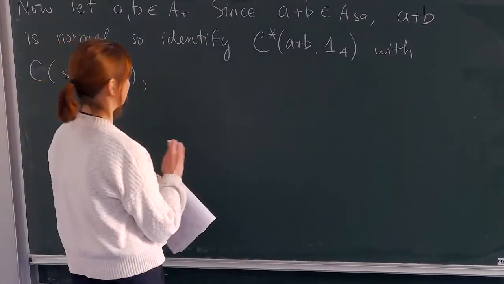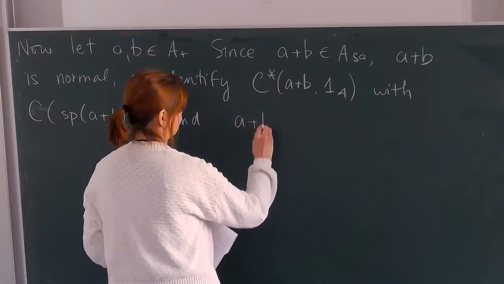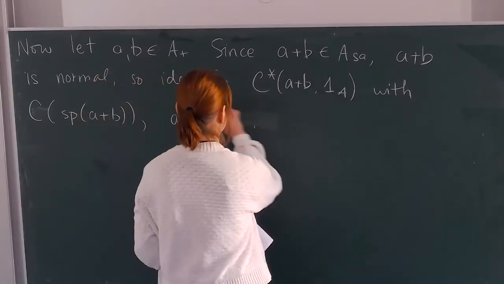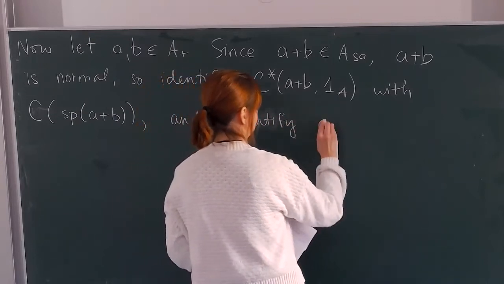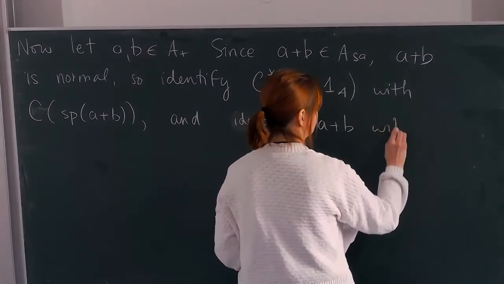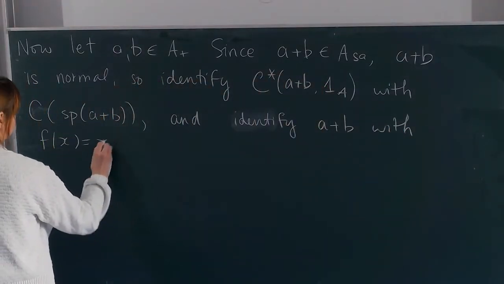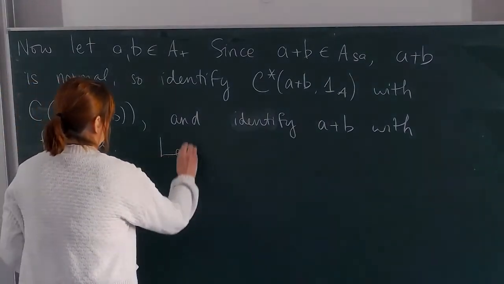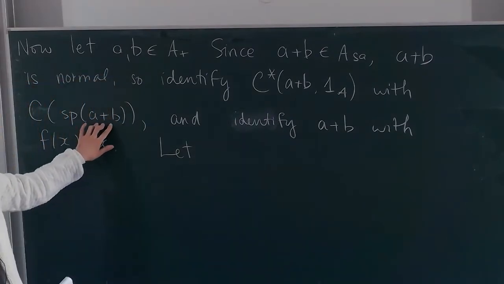And under this identification, remember that A plus B gets mapped to the function that's the identity. So we want to show that A plus B is positive.